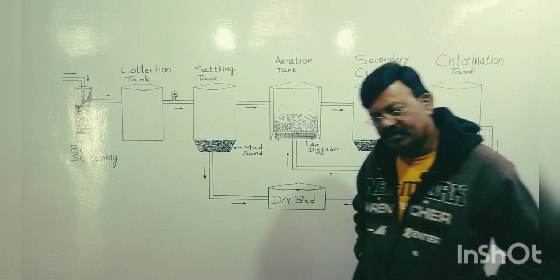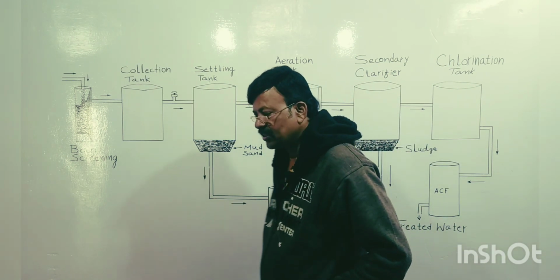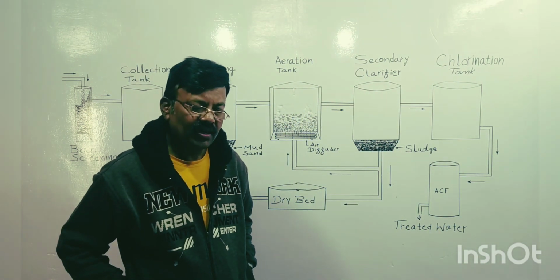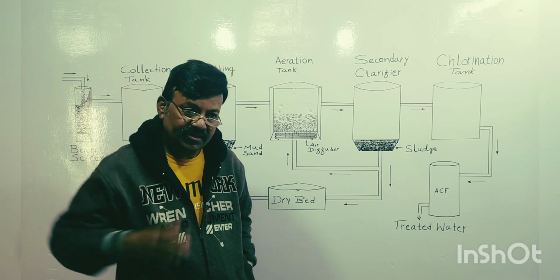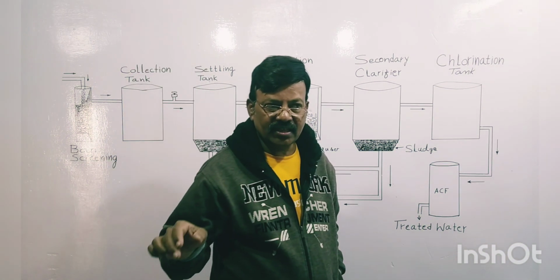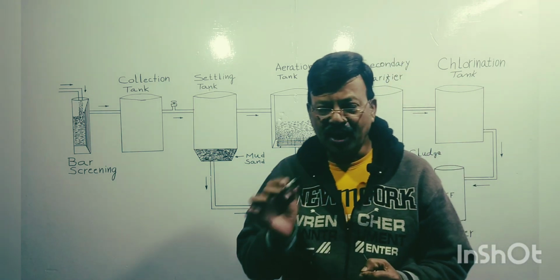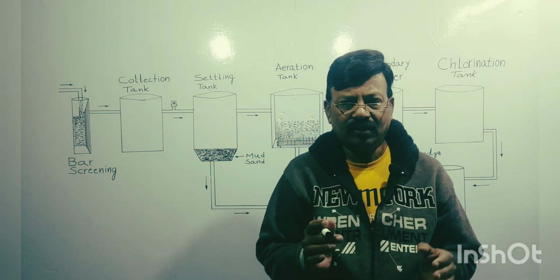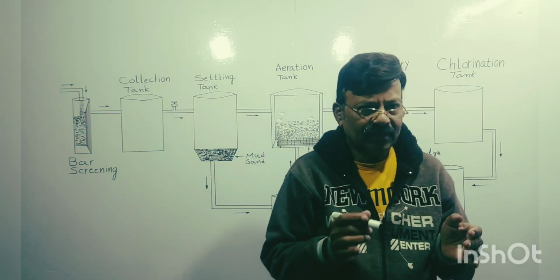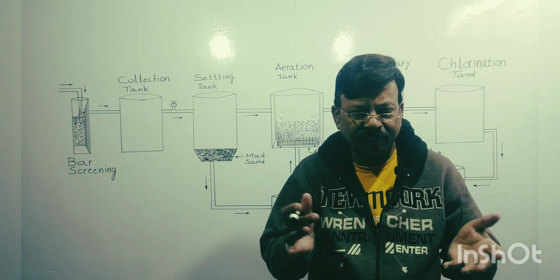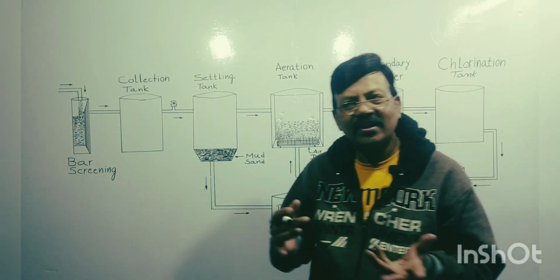From the phrase mixed liquor suspended solids, let us take mixed liquor separately, then we will discuss what is suspended solids. See, the term mixed liquor clearly says that there is a mix in a kind of liquor. Then what is that liquor?